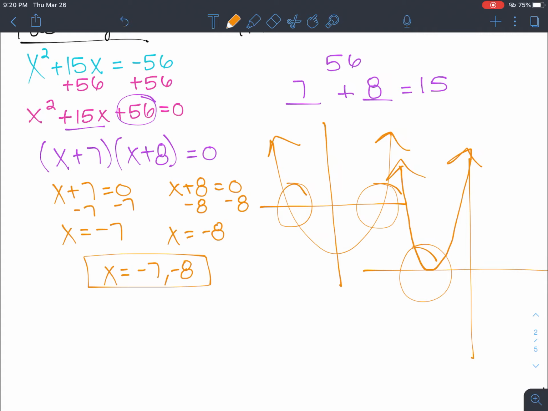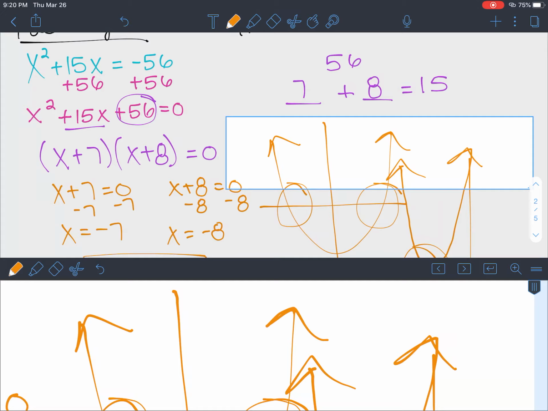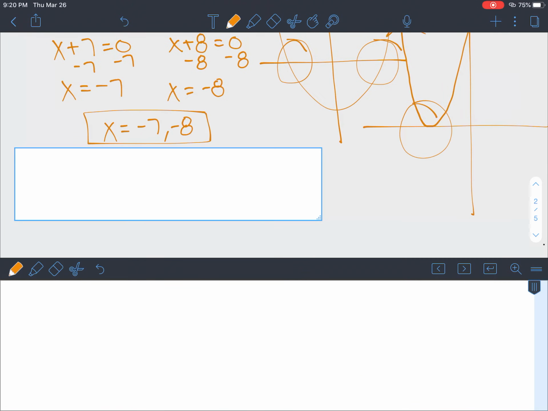So I want to do another factoring one with you guys, and then I'm going to do some of the other kinds that we had questions about. I'm going to try to do at least one of each problem. Some people had questions about number 5, which I can do, but that one is actually a completing the square, so I can go back and do number 5.